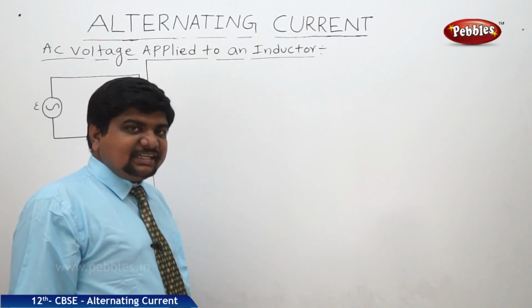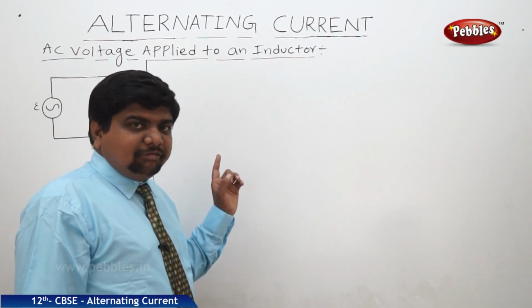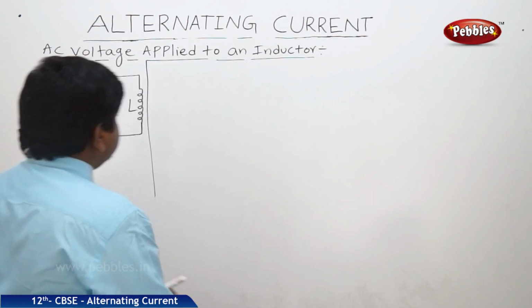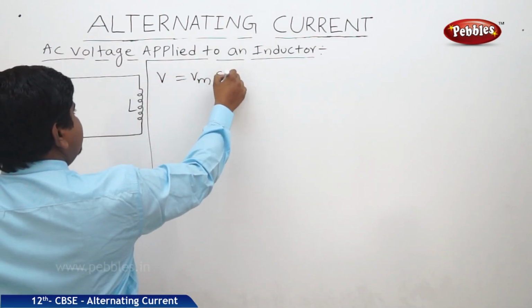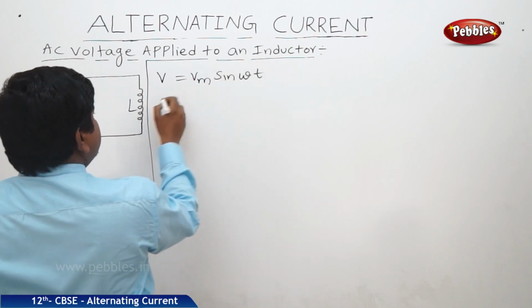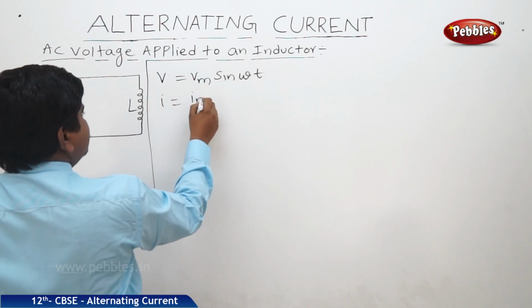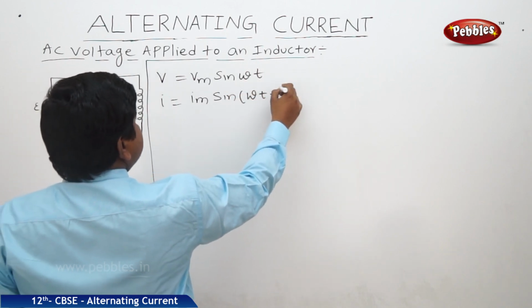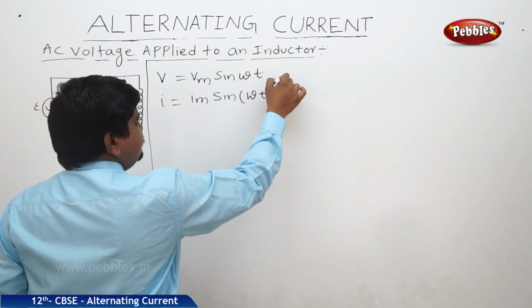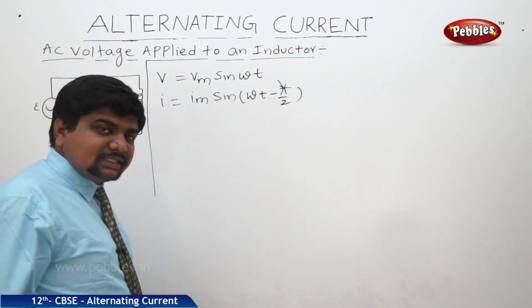Now we will see the phasor diagram between V and I when an AC current is passing through the inductor. We got V is equal to Vm sin omega t, but I is equal to Im sin omega t minus pi by 2. So this is the lagging, pi by 2 lag.